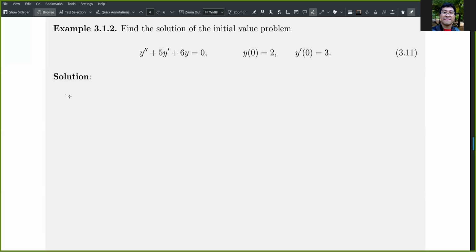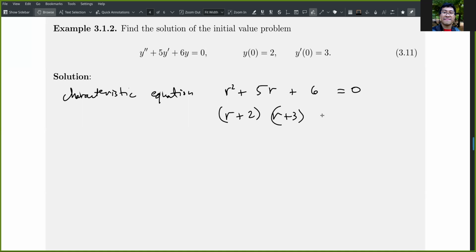The characteristic equation is r squared plus 5r plus 6 equals 0, which is simply (r plus 2) times (r plus 3).